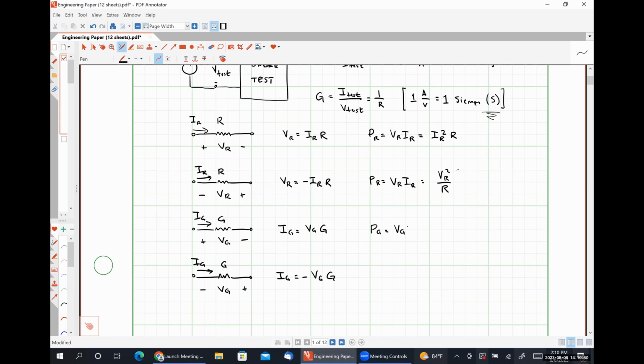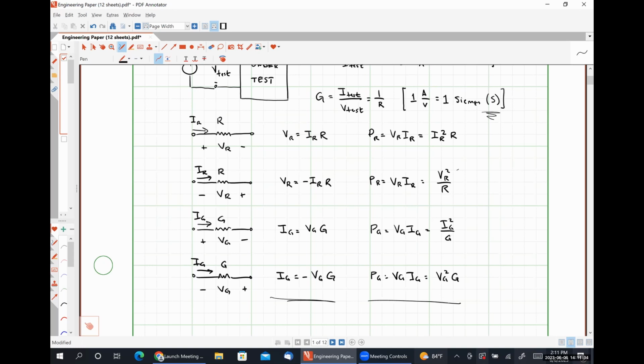We're going to have V times I, which will come out like I_G squared over G. And V_G times I_G also looks like V_G squared times G. So these are all the different types of relationships that we are going to see: different ways to express Ohm's law in the left-hand column, and then different ways to calculate the power for both resistances and conductances.